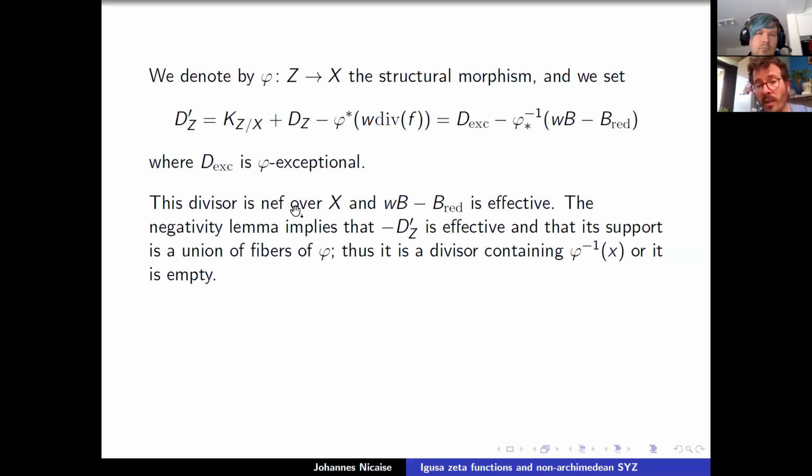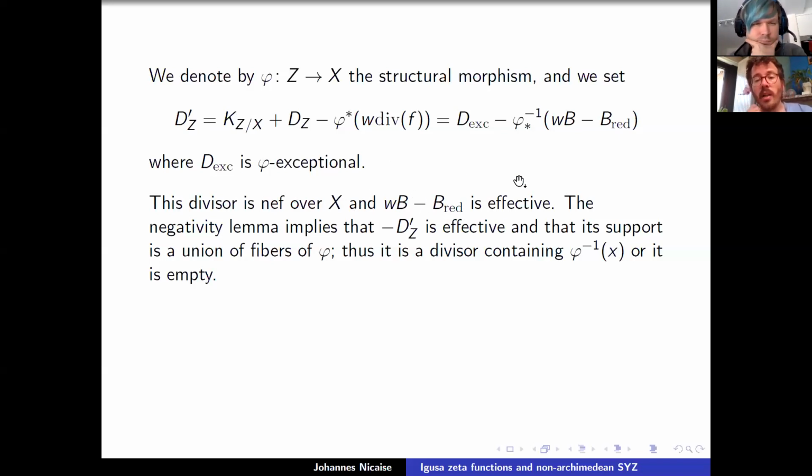So if we have something relatively nef over X, then we can add or subtract pullbacks of any divisor living on X, and the nefness will still be preserved. And moreover, again, by definition of the B divisor, WB minus B red will be effective, because the components in B are exactly those for which W times the coefficient is strictly bigger than 1.